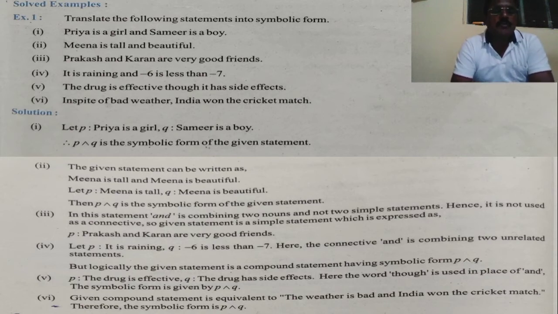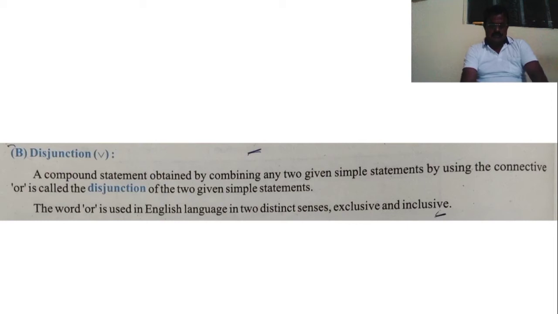We have to solve other examples of this type. First we wrote conjunction, second is disjunction. A compound statement obtained by combining any two given simple statements by using the connective "or" is called the disjunction of the two given simple statements.